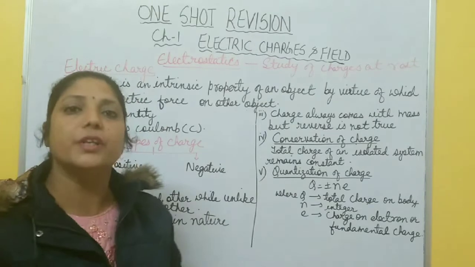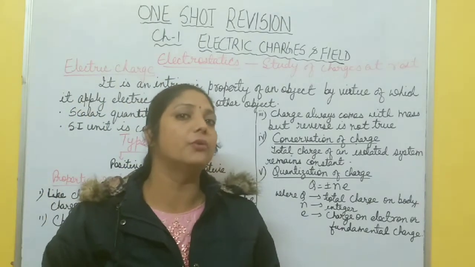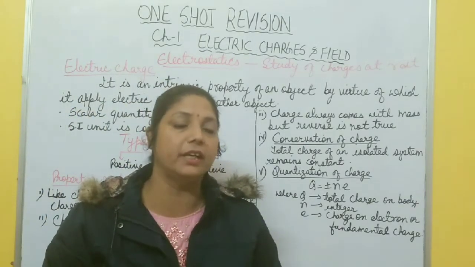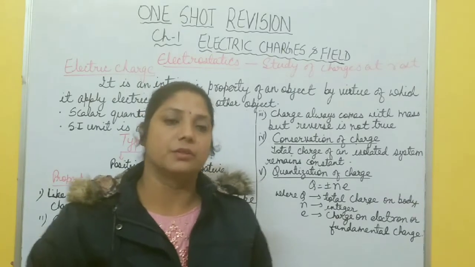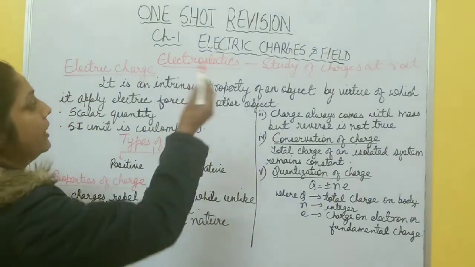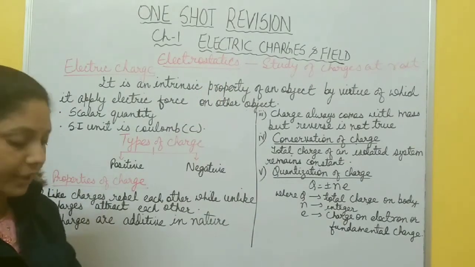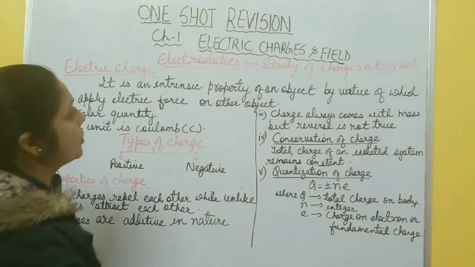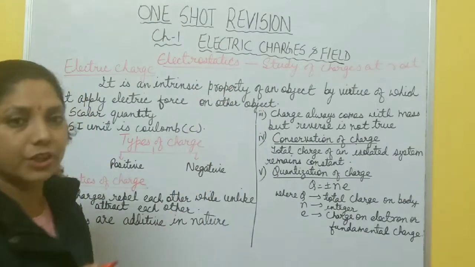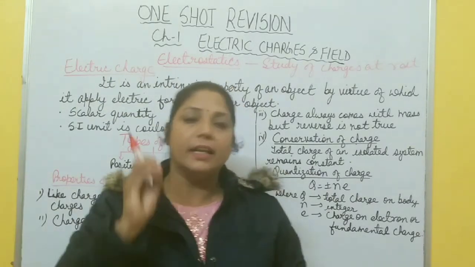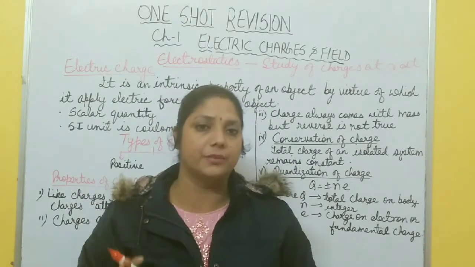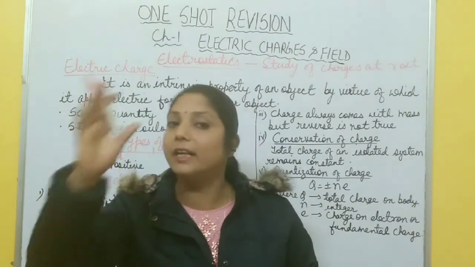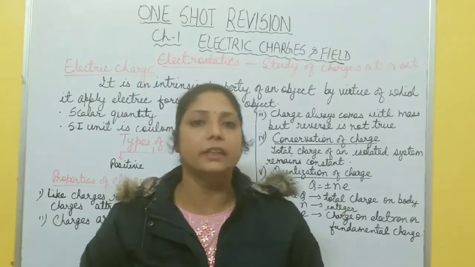So in this unit electrostatics, we will study about electric force, electric field, potential, capacitance, different things, right? So let us start with chapter 1, electric charges and field. As the name suggests, what is electric charge? Actually, electric charge is an intrinsic property of any object which applies electric force on any other object.